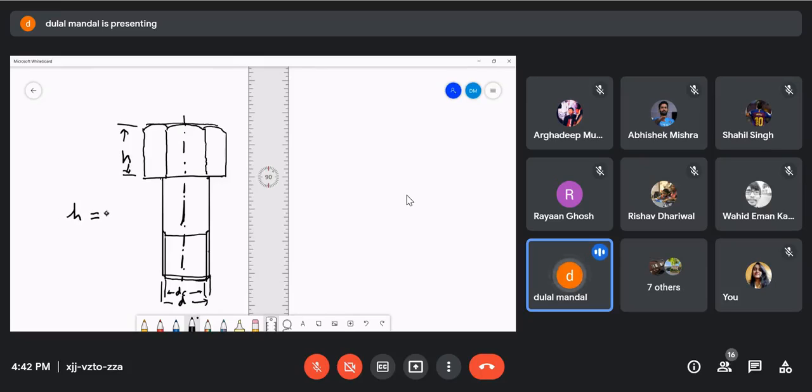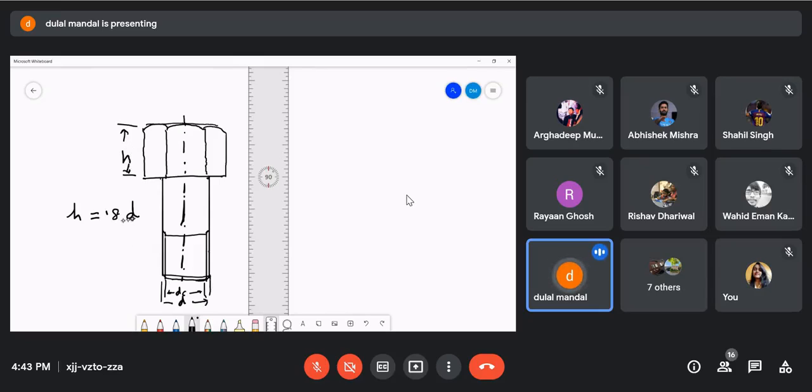H will be equal to 0.8 D. Remember this type of relation; you have to remember how much could be taken. Sometimes it is also 0.7 D that is taken.